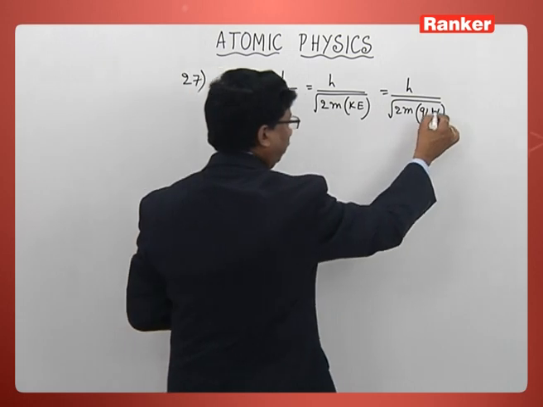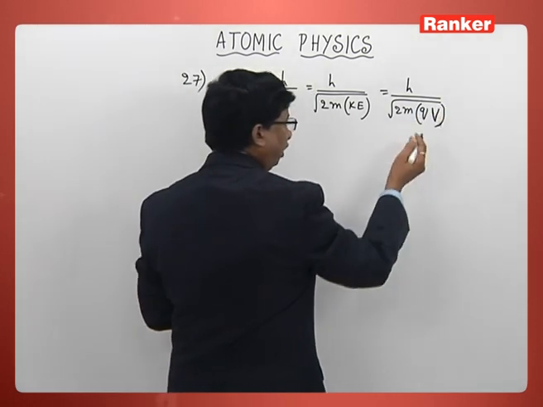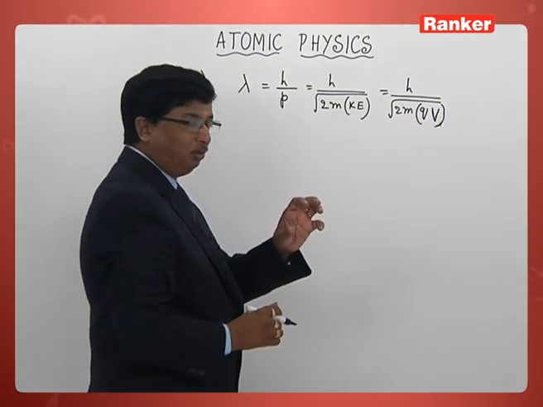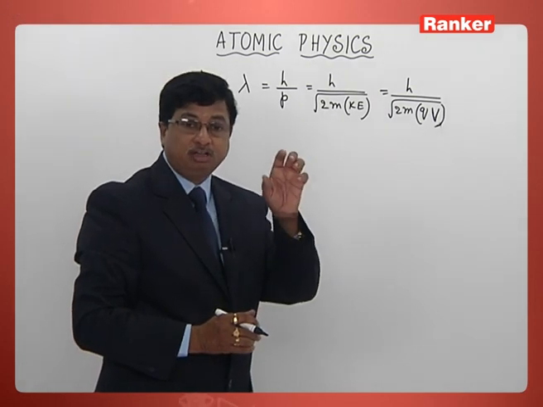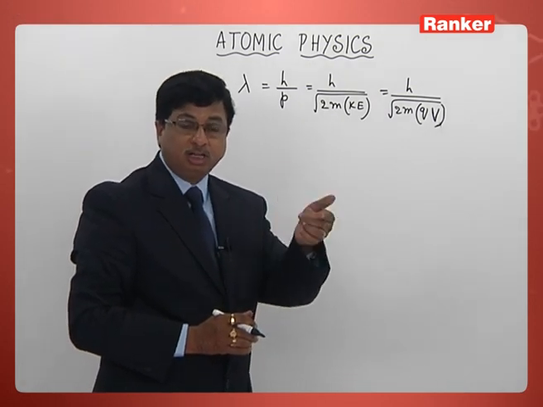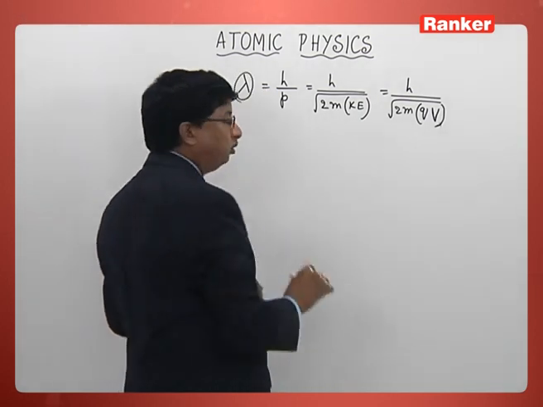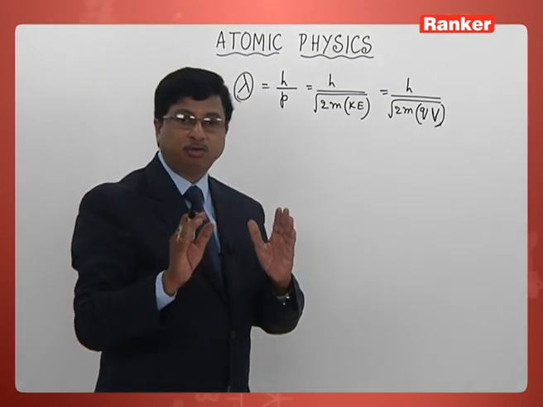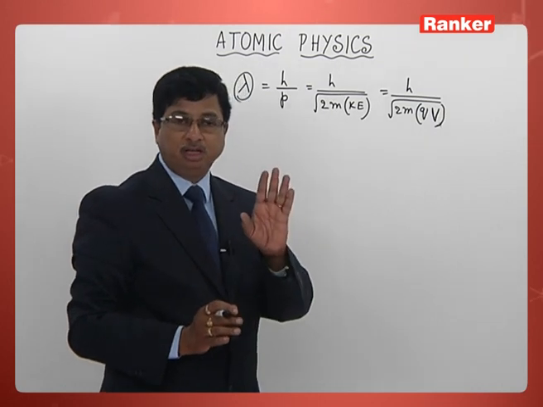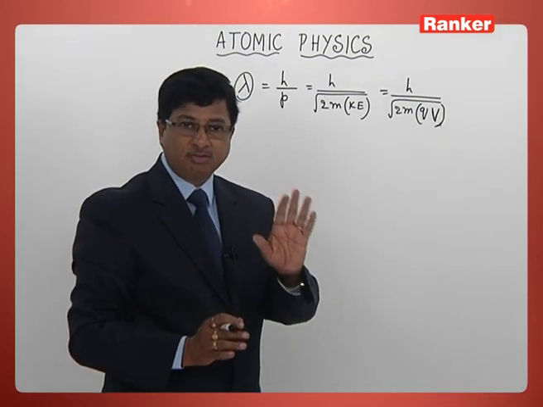Look carefully here, the same potential difference is not what he is asking. He is asking for the potential difference that is required. But what is constant here? Wavelength should be constant for both proton and alpha particle. That is one thing you have to first of all understand.